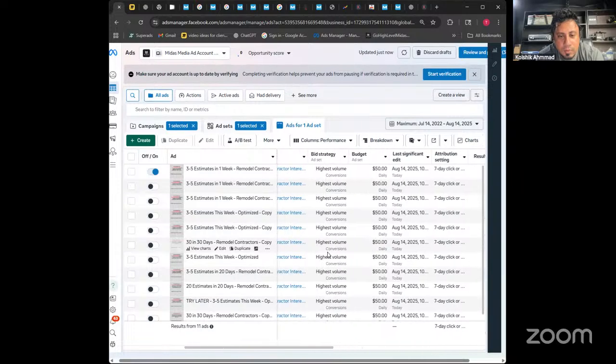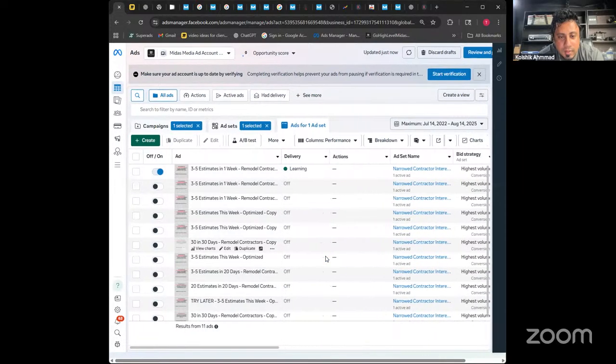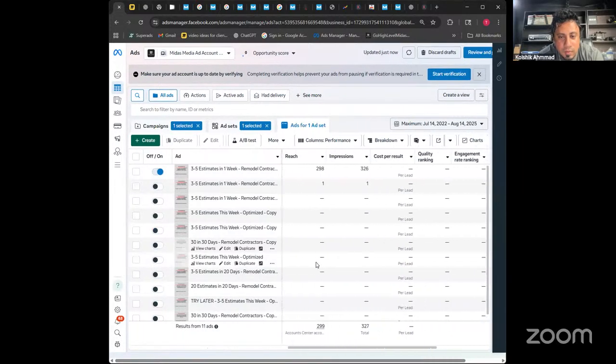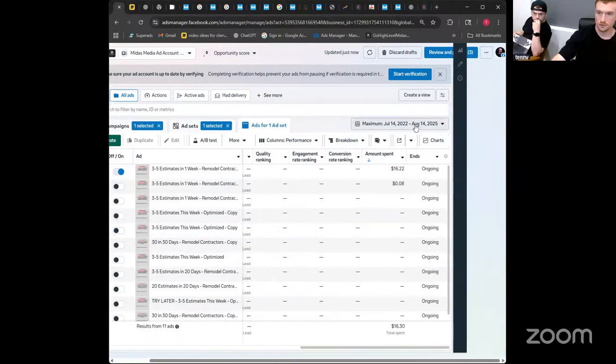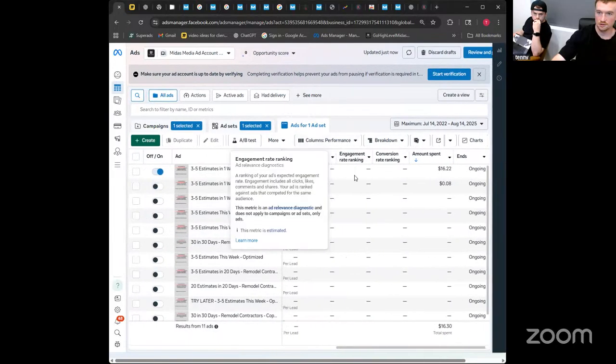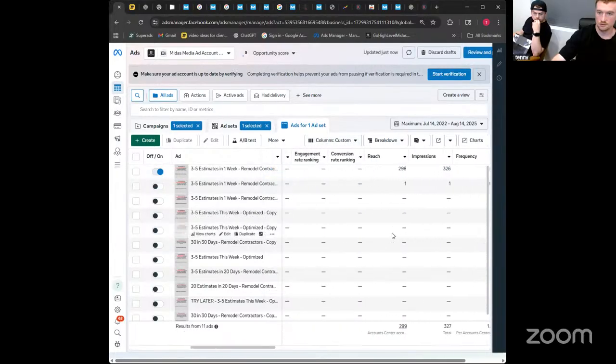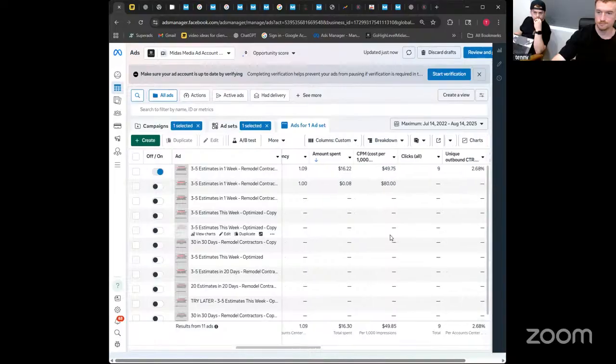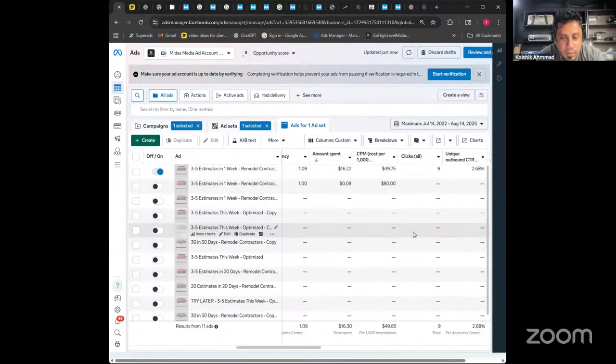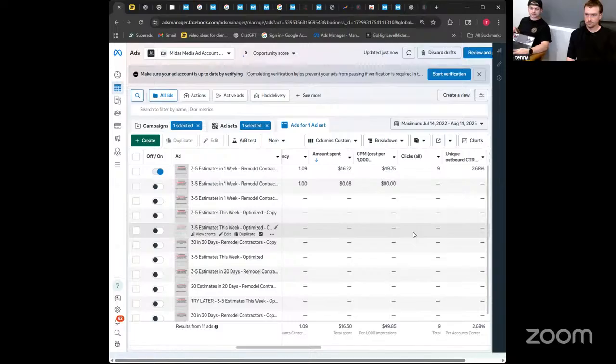What CPM are we looking at here? We need to add it. There you go. So we're looking at $49.75 versus your CPM before, which was like 80, almost 90.